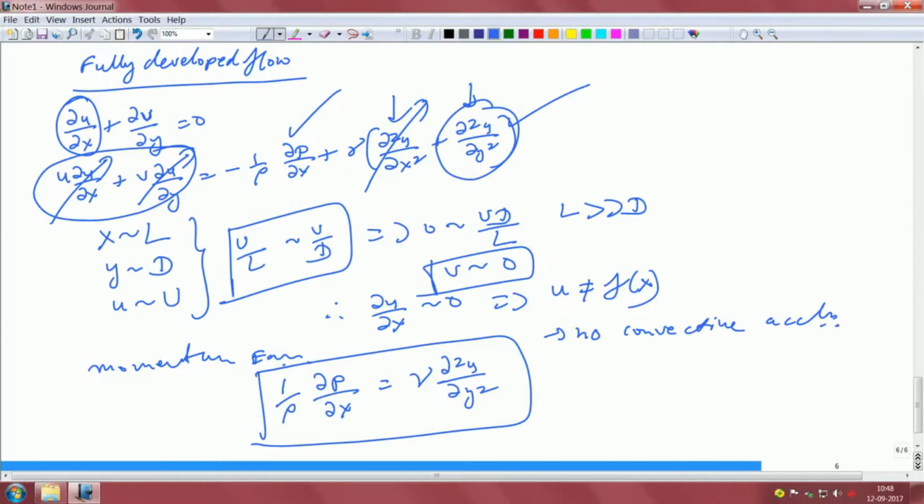So, the flow is basically happening due to a balance of pressure and viscosity. So, shear is balanced by the pressure, that is what you have, right, shear and pressure, correct, and it is a non-accelerating flow. This part should be very clear: this is only valid in the fully developed regime.